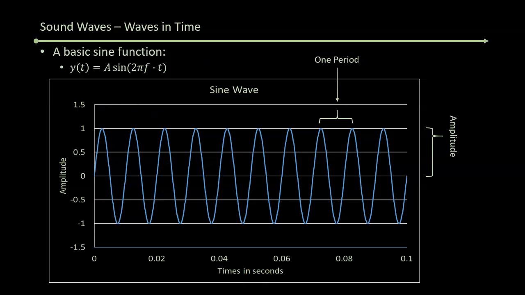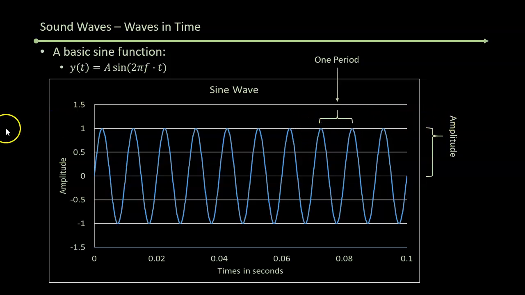The basic equation for this sine wave, you've got your amplitude, and you've got 2 pi times your frequency times whatever the time is. If you look at the time scale on this slide, we go from 0 to 0.1 seconds, or a tenth of a second. So 1 period is peak to peak in time. If you look at this, 1 period is from here to there. Well, how many periods do we have? 1, 2, 3, 4, 5, 6, 7, 8, 9.